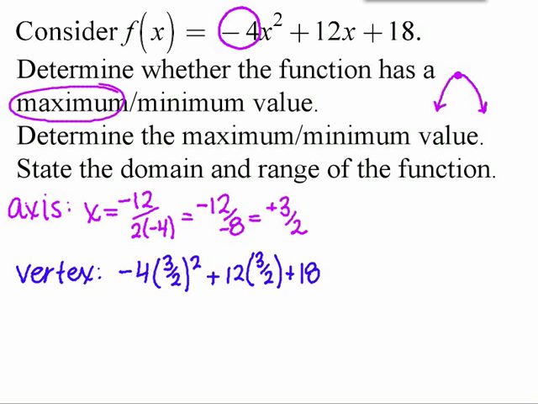What is 3/2 squared going to be? 9 over 4. So if you take that times negative 4, you get negative 9. 12 times 3/2 is going to give me 18, plus 18. So what value are you going to get?